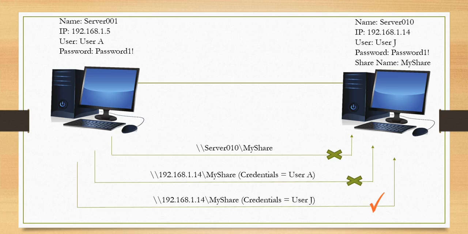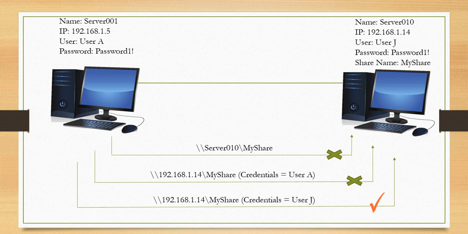There is something known as authentication and authorization, which we will learn in detail in later videos. But for simplicity purposes, authentication is when the machine checks your username and the password.